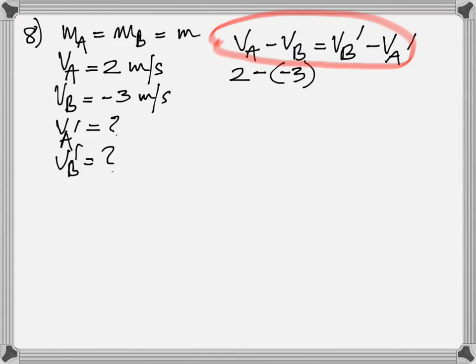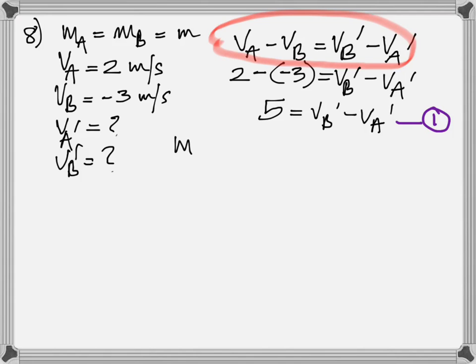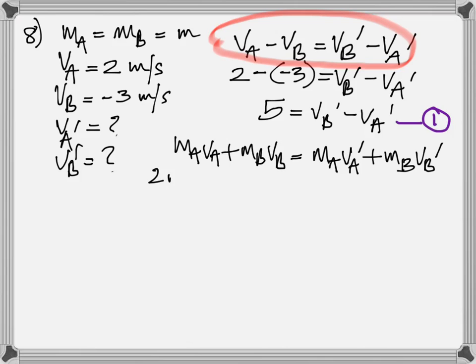Remember, it can only be used if it is a perfectly elastic collision. That gives us one equation. And then you can use the conservation of momentum to get the second equation. All the masses will cancel out.